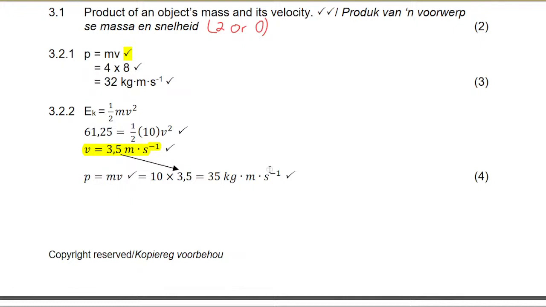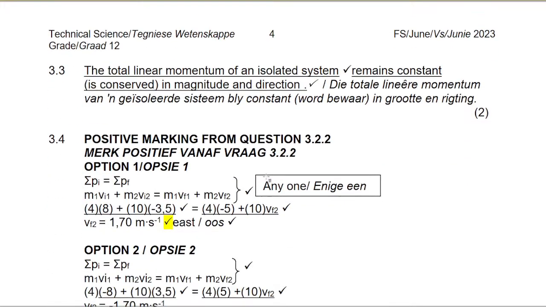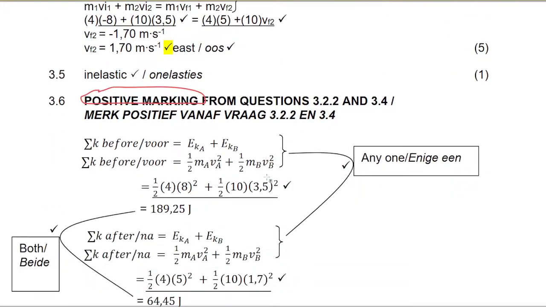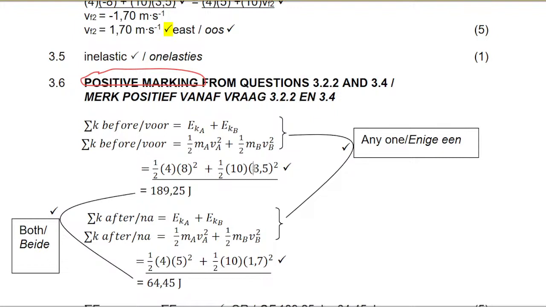Okay. So for the new markers, if the learner calculated kinetic energy and got it wrong here, let's say the learner gets 4 meters per second, and then the learner goes to the question that we are working on in 3.6. So you see in 3.6, we've got a 3.5 there.